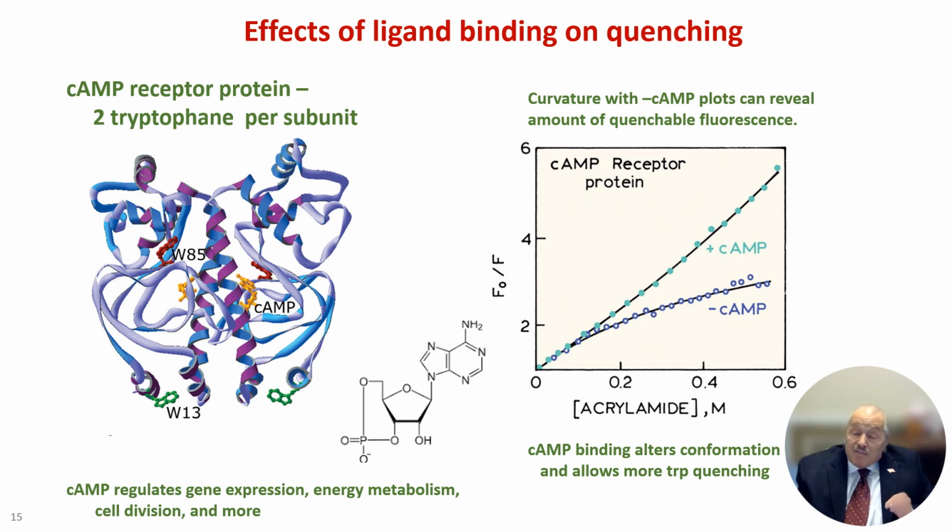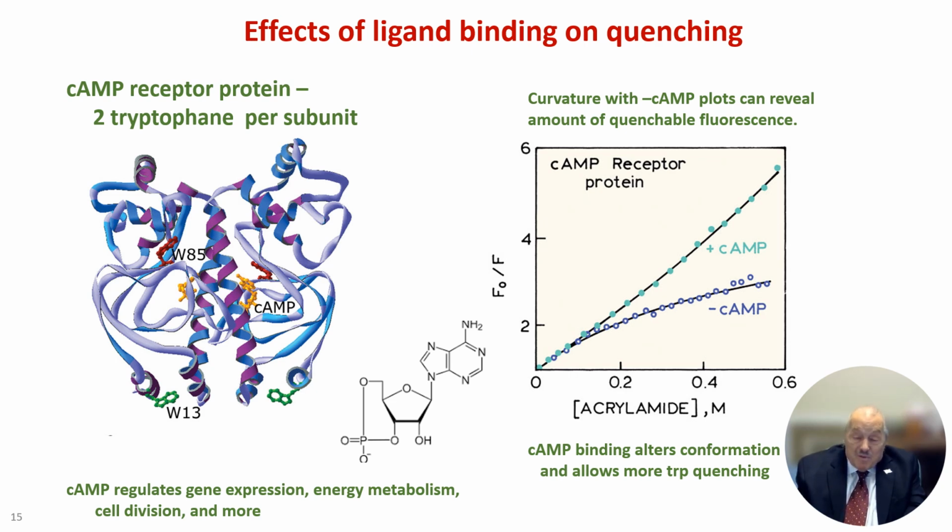If we have cyclic AMP in the sample, we see a linear Stern-Volmer plot, which indicates that all the residues are quenched the same way. So in this case, the ligand binding causes some conformational change in the protein, which exposes the second tryptophan for more quenching.